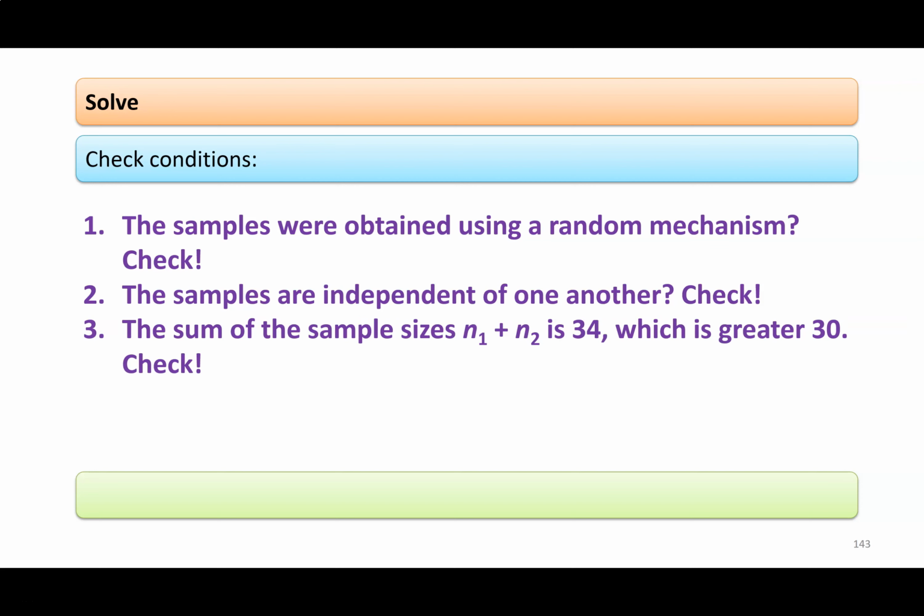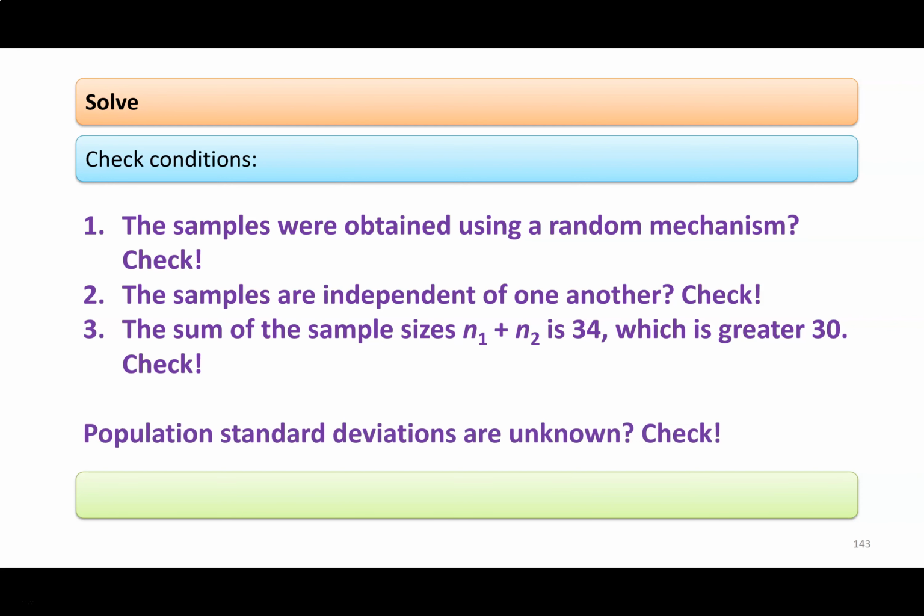The sum of the sample sizes is at least 30, right? Because we had 10 in the one and we had 24 in the other. That's greater than 30, so we'll be okay. And things to note, do we know the population standard deviations? No, we don't. So we have to use t-methods, which we kind of knew already.